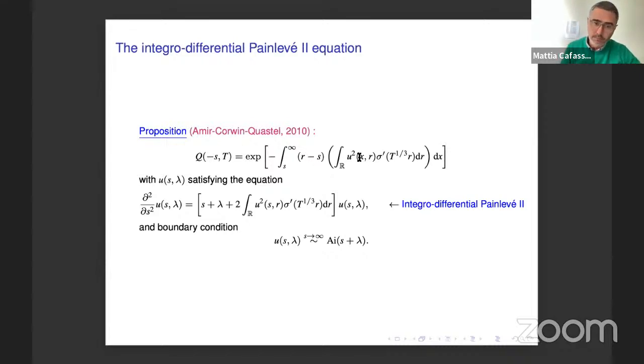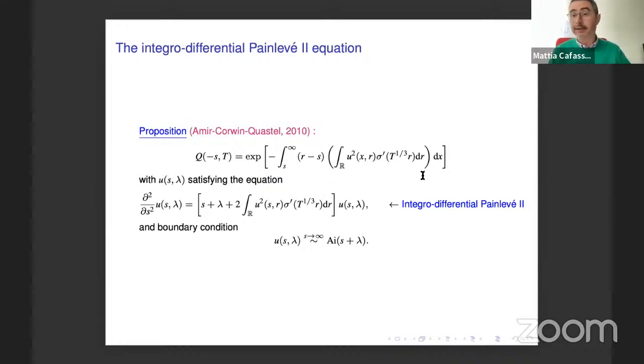And what is this function u? Well, this function satisfies an integro-differential version of Painlevé 2, which is this equation here. And of course, as has been observed before, if this sigma tends to the Heaviside function, then at least formally, when you take the derivative, you have the Dirac delta function, and this equation reduces to the Painlevé 2 equation.